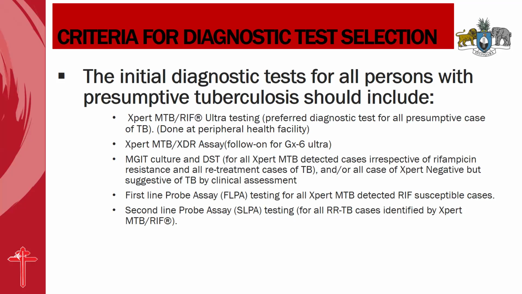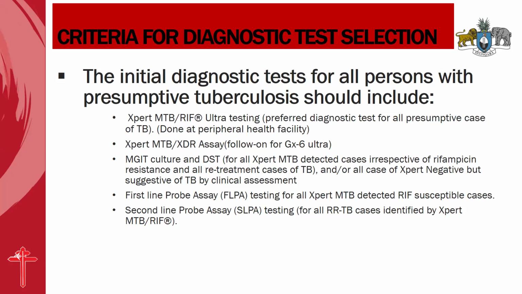For all those cases, regardless of the RIF result, once it is detected, there is a genotypic test, which is going to test all Xpert MTB detected, RIF susceptible cases. Then we have the second line, which is going to test all rifampicin resistant TB cases which are identified by the Xpert.